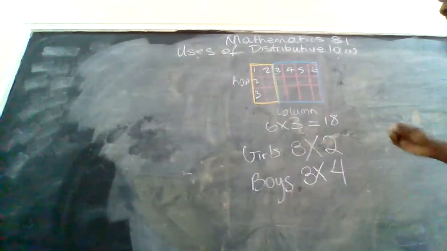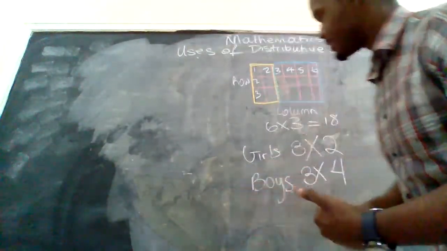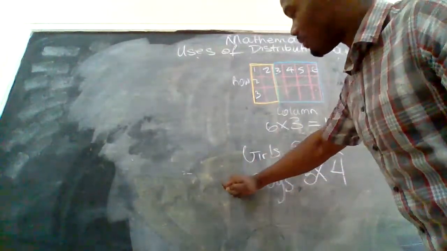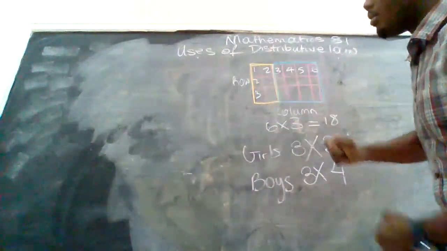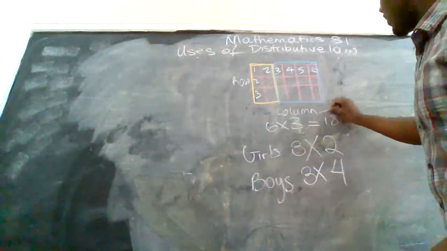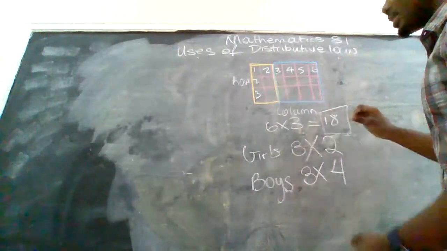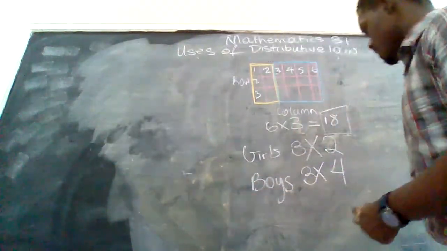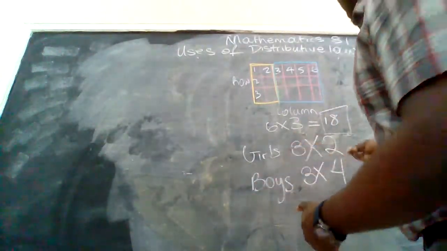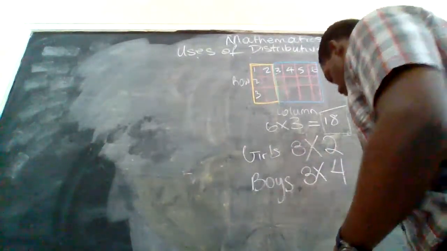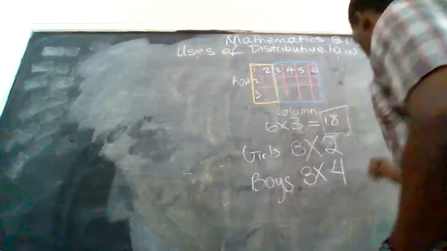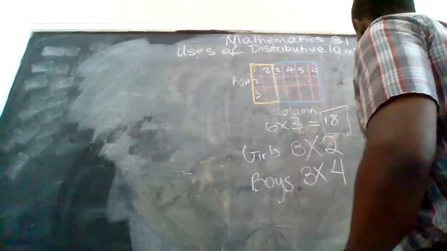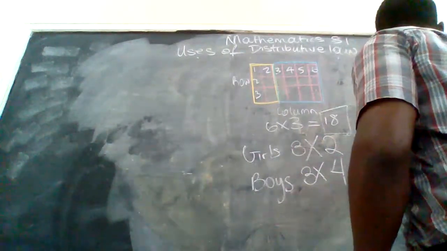The idea behind this, guys, is that if I add how much chocolate the boys and the girls get, I should get back 18, because that's the total amount in the first place. So let's add them together, girls plus boys.